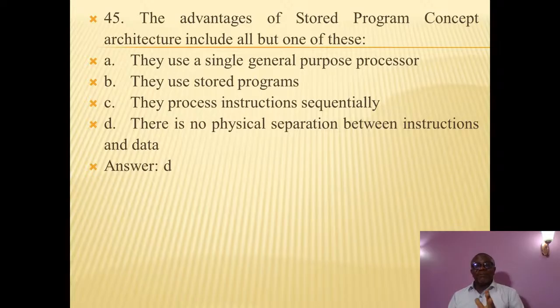That became a very big disadvantage, because if the system sees data as instruction, then it will misfire by using the wrong data to perform the wrong instruction. Because the two are put together, it becomes a problem.